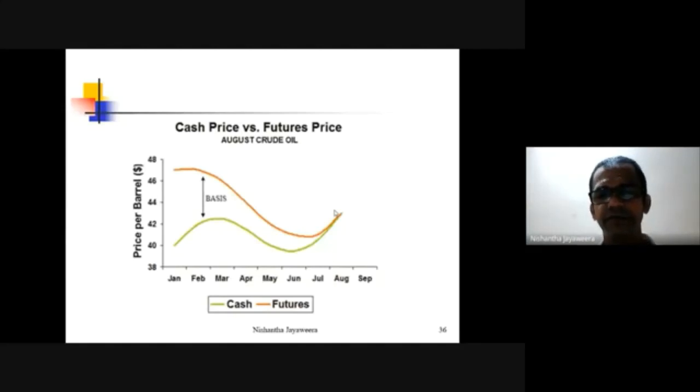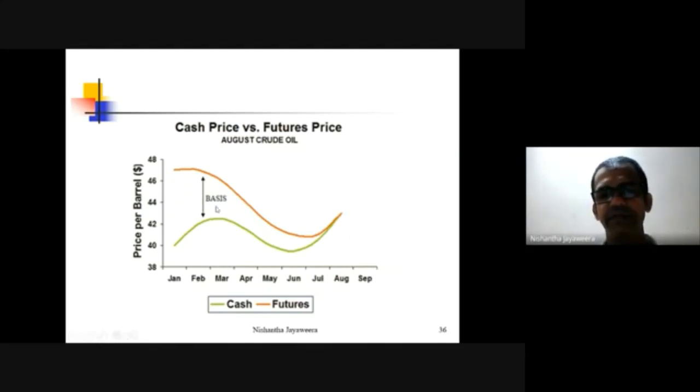So the basis has increased. What would happen in a backwardation market? Assume the line below is the futures price and the line above is the cash price, then this becomes a backwardation market. What would happen to the basis?